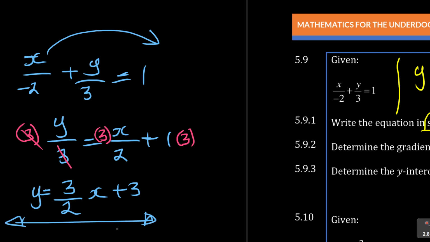I just want to ask you, if you put this equation, your answer here, into the formula y equals mx plus c, how would you put it in there? Can you rephrase again? If you put y equals 3 over 2x plus 3 into the equation in standard form, how would you put it in?